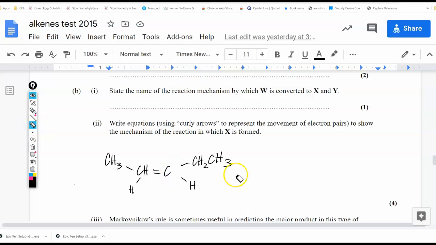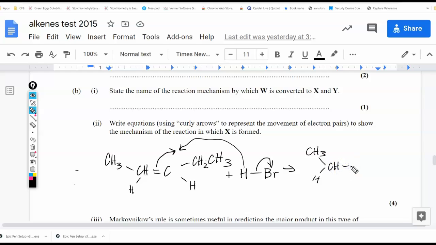So if that's what we have to do, then what that's going to react with is the HBr. And it is the HBr where the electrons are moving here, and that means that this H is going to be attracted to those electrons right there. And so basically what you end up having is the CH3 and the H here bonded to now a CH with a single bond here and a CH here, and this now has a Br attached to it, and then it has the CH2, CH3.